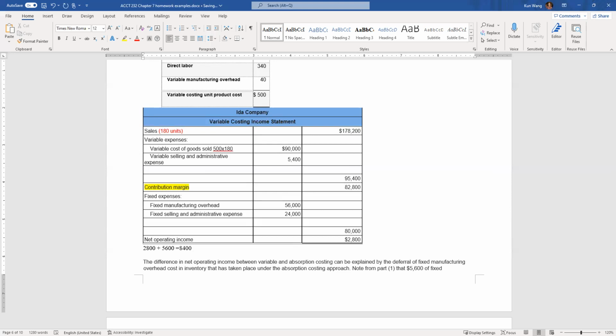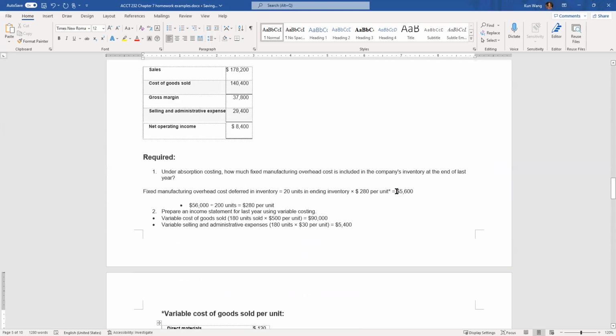You can see that exactly, this is the reconciliation between the two costing income statements. Variable costing is lower, but absorption costing is higher. Okay, so quickly, this helps us figure out the difference between the two income statements.